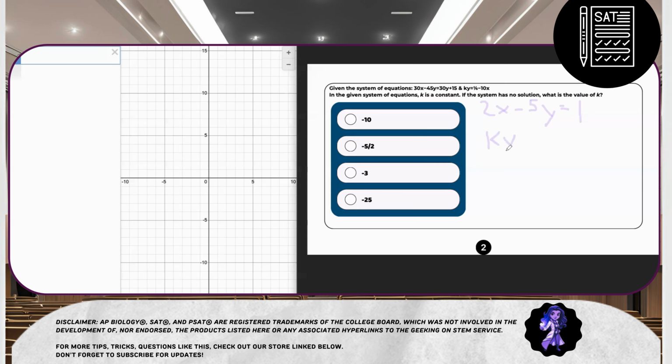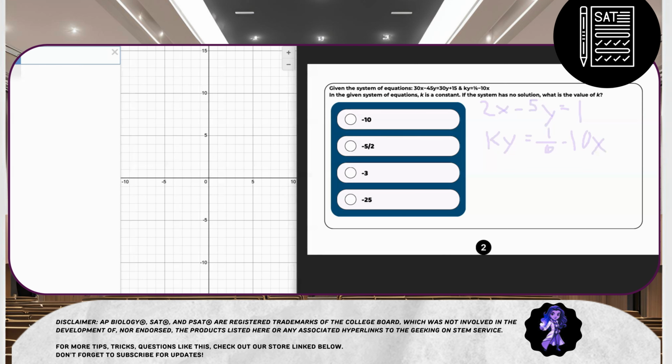And we had our second equation, which was 6y equals 1/6 minus 10x. At this point, we can rearrange this second equation and simplify it further to match our equations so that they have the same variables on the same side.